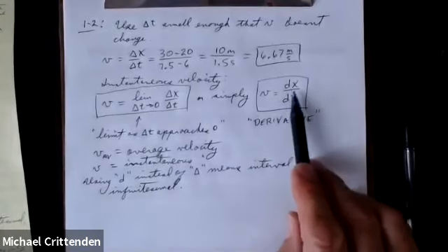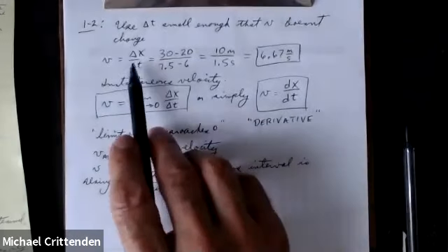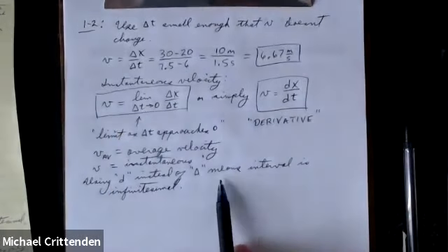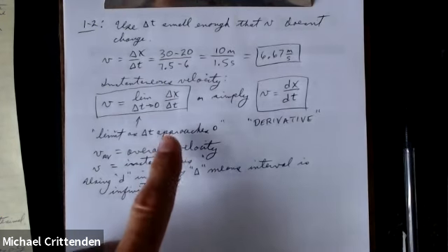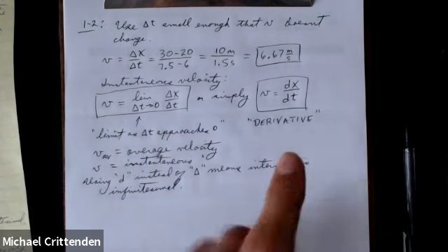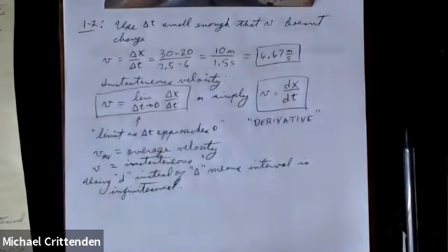Using a D, like I did over here, instead of a delta, like I did up here, means the interval is infinitesimal. Infinitesimal meaning vanishingly small. You're going through this thought process where you imagine the intervals, delta x and delta t, collapsing onto the instant you want to know about.